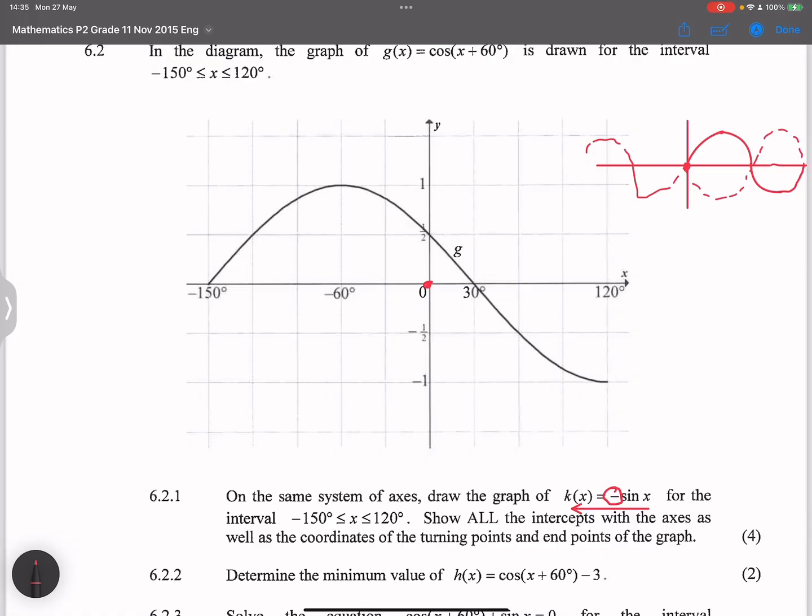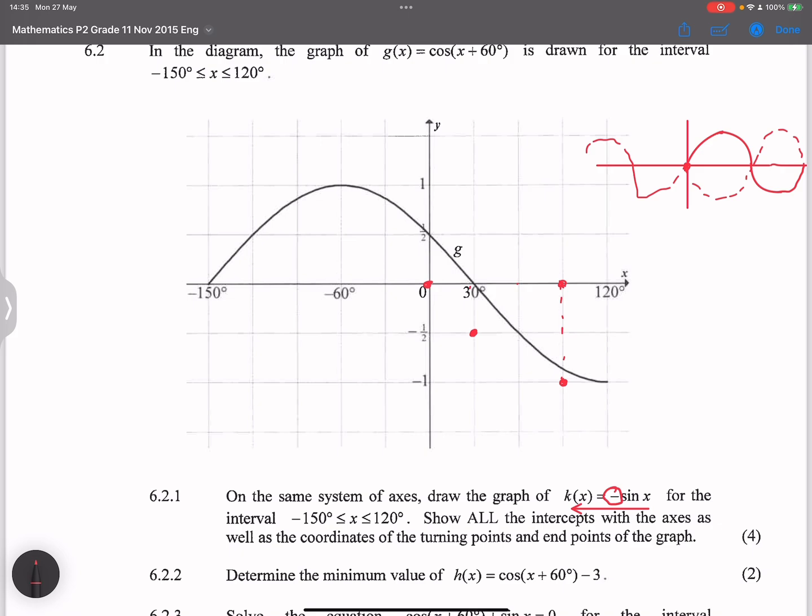So I know at 90, my graph would be negative 1. I know at 30 degrees, now you can put that in the calculator, it would be 1 over 2. So now it would be negative 1 over 2.